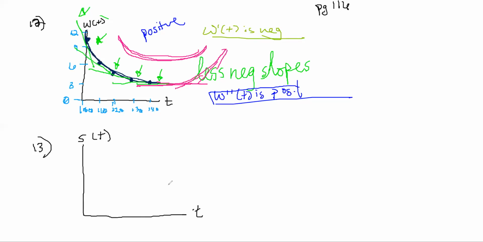13. So here we have 0, 1, 2, 3, 4, 5. And this is going from 12 to 55. So that can be 60. And this can be 10. So this is 35. Something like this?